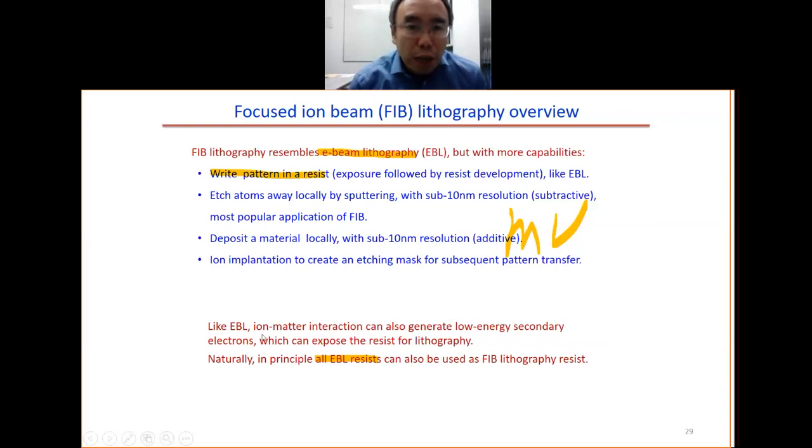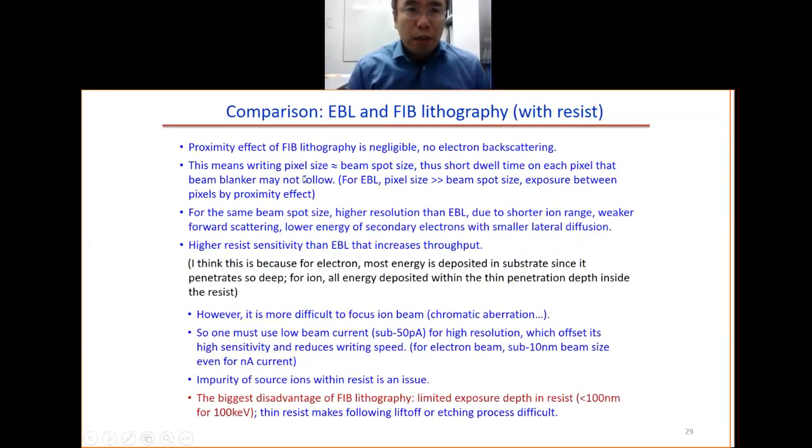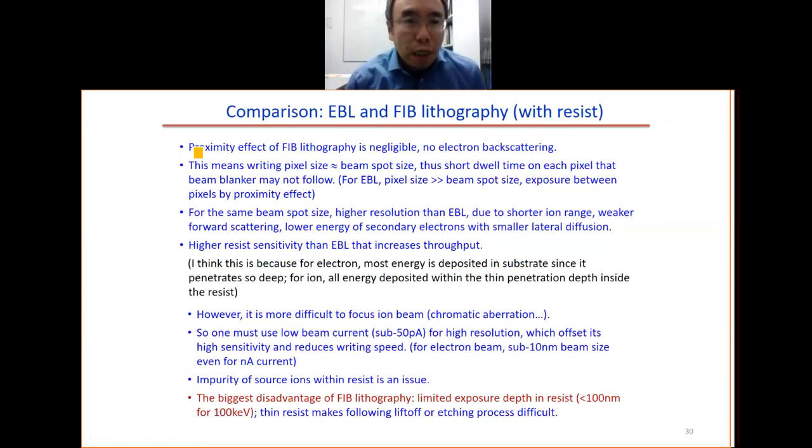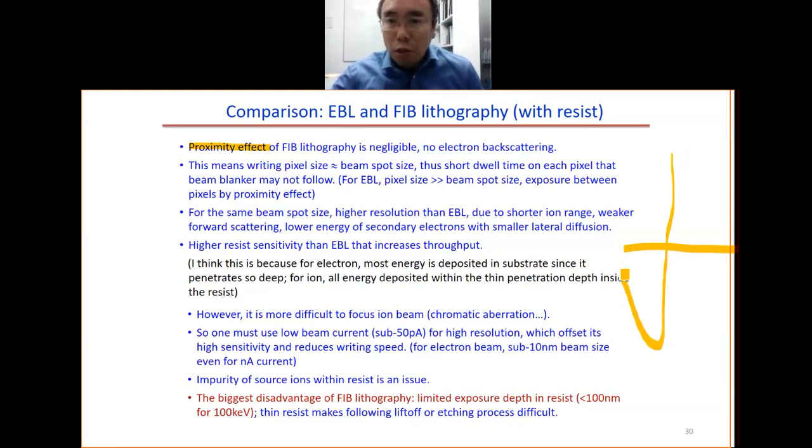Now we look at ion beam exposure of the resist. Here is the comparison of electron beam lithography and ion beam lithography using the resist. First, the proximity effect for the ion beam is negligible. For the case of the electron beam, here is the substrate. Electrons come in, go very deep and get back scattered.